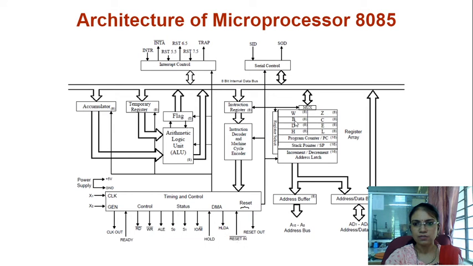So far we have covered the general purpose registers B, C, D, H and L. This block we have completed. We also discussed the accumulator and the arithmetic and logical unit. So from this complete block diagram we have covered the accumulator, the arithmetic and logical unit and the buses which we studied in the previous few lectures.